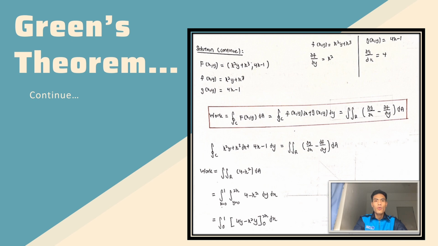After sketching, we continue by declaring f(x,y) and g(x,y). From the question, we must calculate the work done by the signal using Green's theorem. The formula is the contour integral of F dA, which can also be simplified as the contour integral of f(x,y) dx plus g(x,y) dy, or using the double integral over the region of ∂g/∂x minus ∂f/∂y dA.